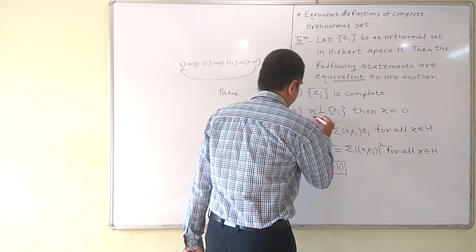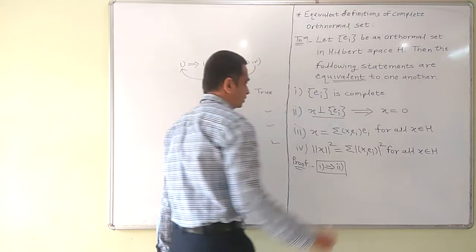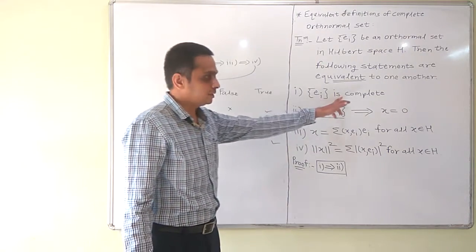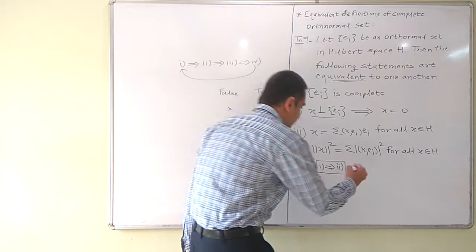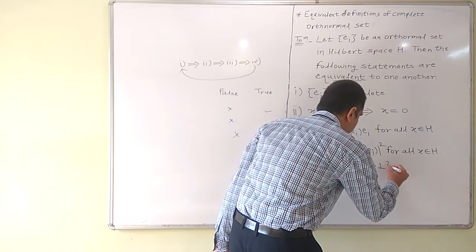If this is true, then x is equal to 0. Our hypothesis is the first statement, and we have to prove this. So let x be orthogonal to E_i.